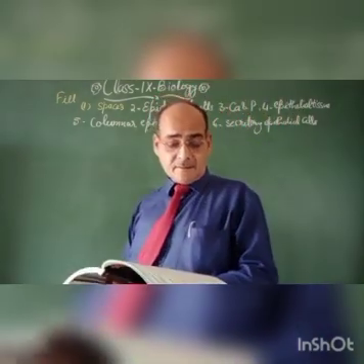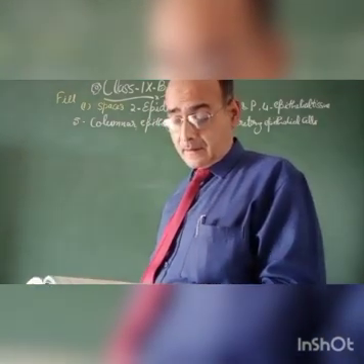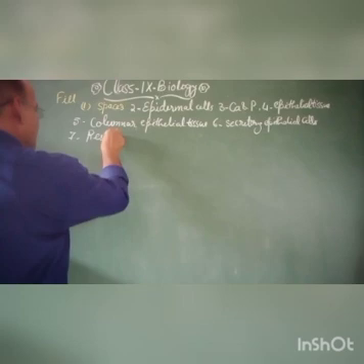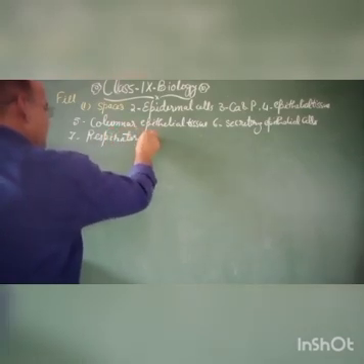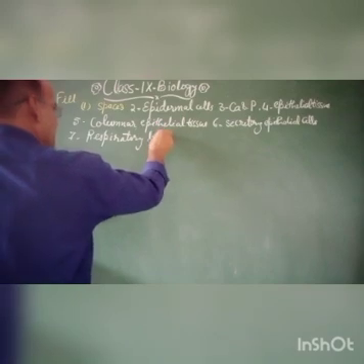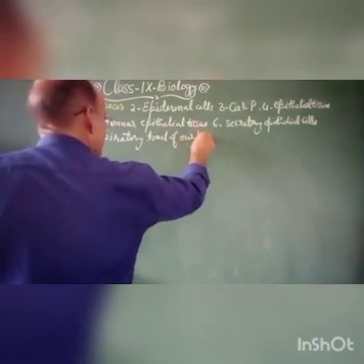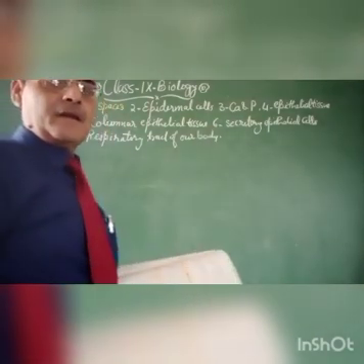Then epithelial cells with cilia are found in the respiratory tract of our body. So come to 7, the respiratory tract of our body. So students, these are the filling the blanks.